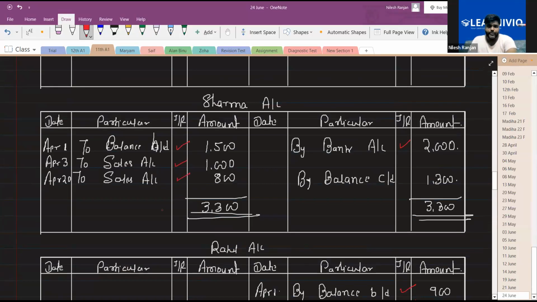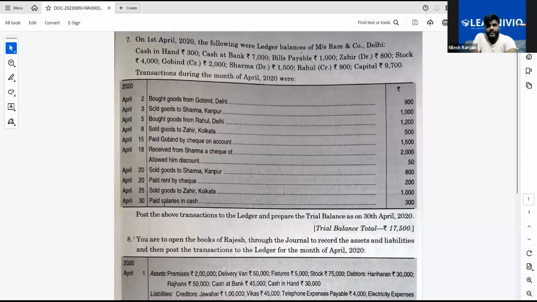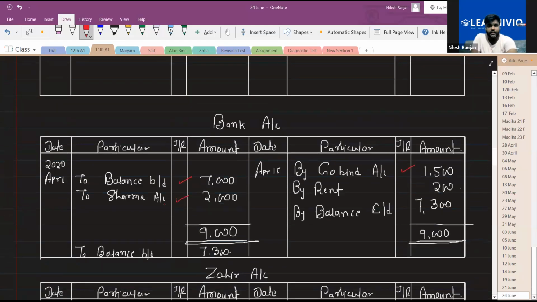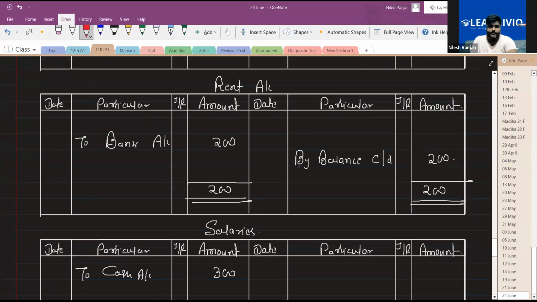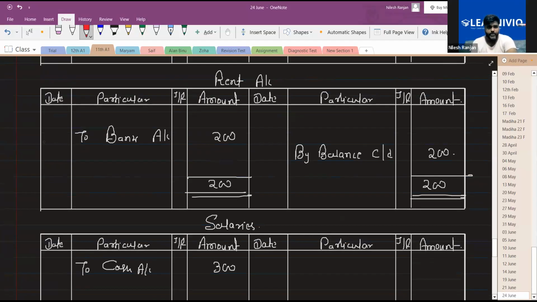Yes, April 20. After that, it is paid rent by check. So again, it will go in the credit side of bank account. The date is April 20. And in rent account, it will be to bank, April 20.